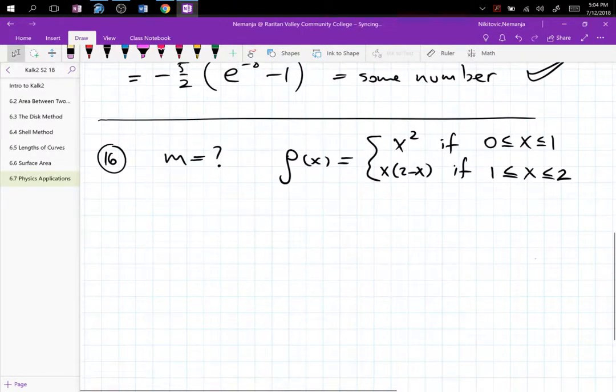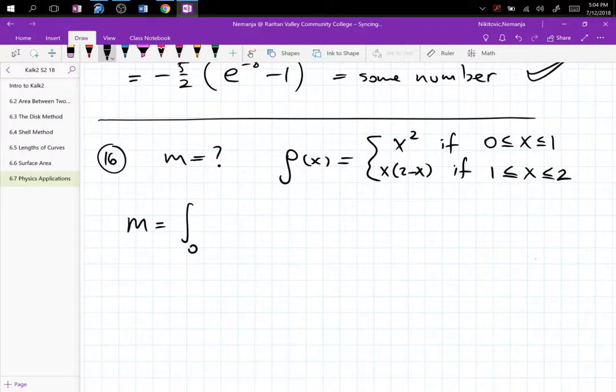Well, in this case, you have to set up two separate integrals and add them for the total mass. So the total mass would be the integral from 0 to 1 of x squared dx plus the integral from 1 to 2 of 2x minus x squared dx.